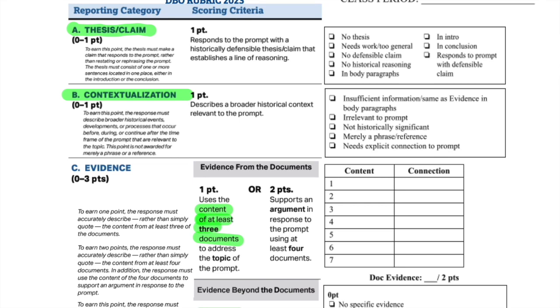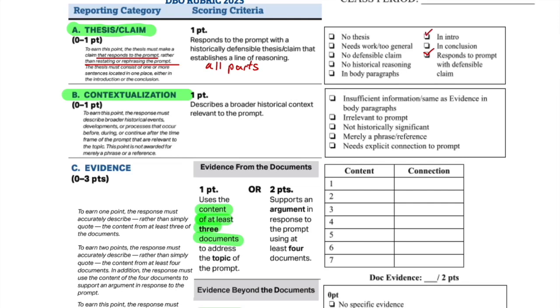Let's zoom in. And so this is how I'm going to keep track of what points you get or don't get. So if you address all parts of the essay prompt, that's towards your thesis point. Do you frame the answer with a defensible claim? That means, are you just repeating the question, saying, yes, there were a lot of changes? Or are you actually answering the question by saying what types of changes or continuities?